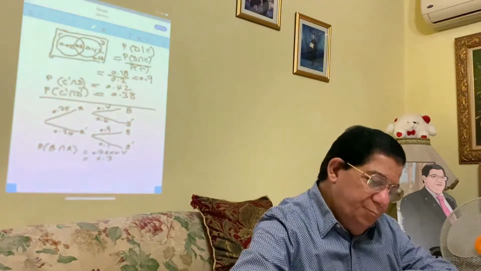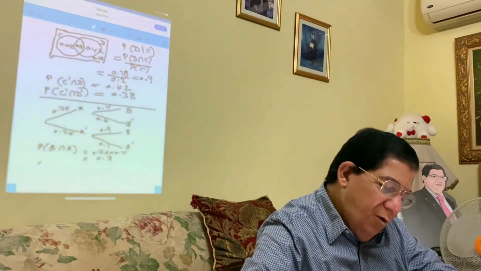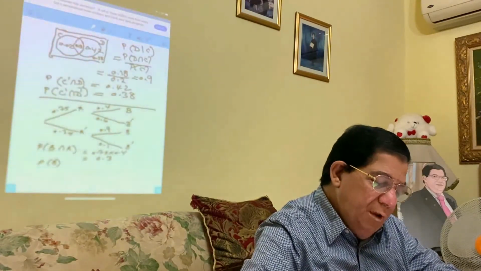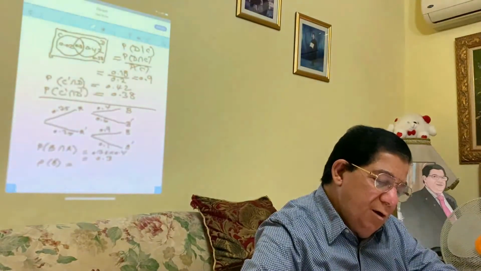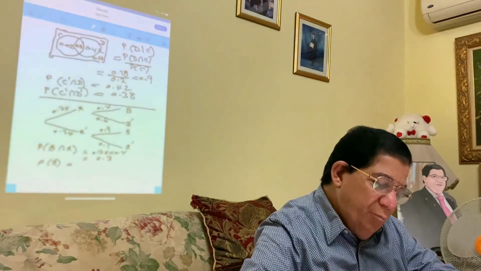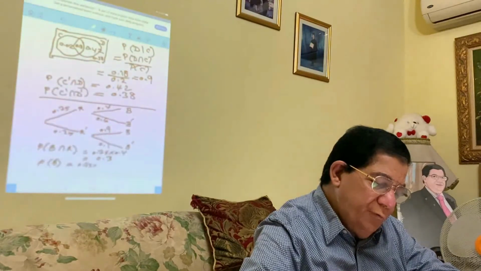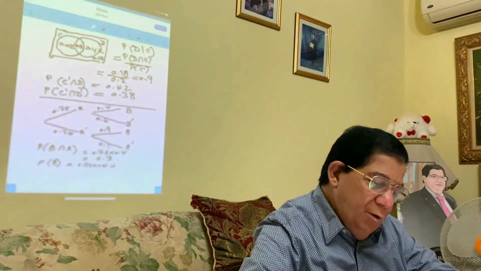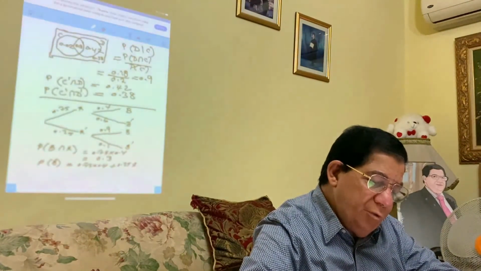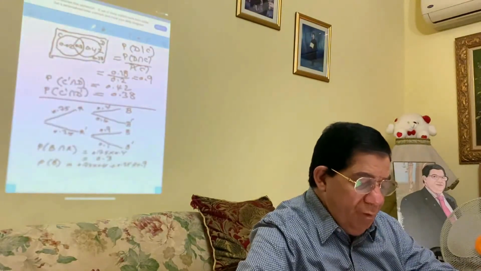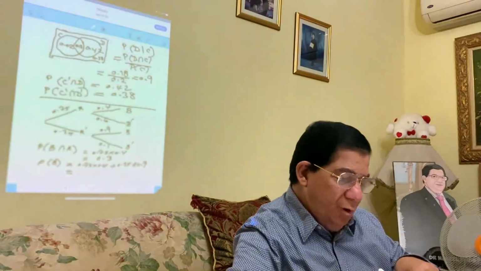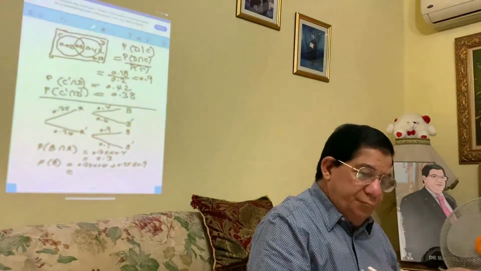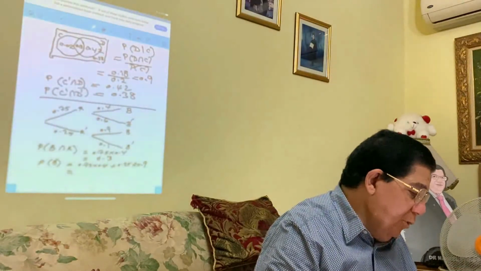Whatever the case, the probability of B. Probability of B means either the probability of R and B, 0.75 times 0.4, or R dash and B, 0.25 times 0.9. This is the total, right, of the two answers. And this would be equal to 0.525.